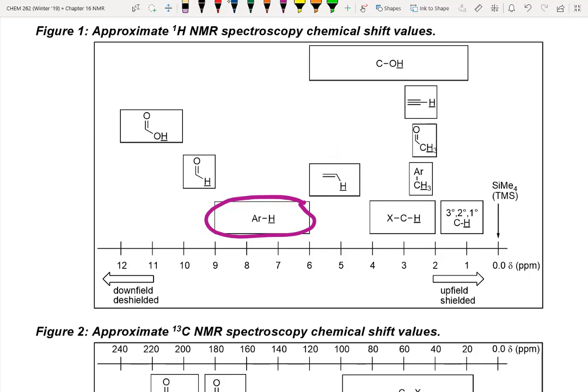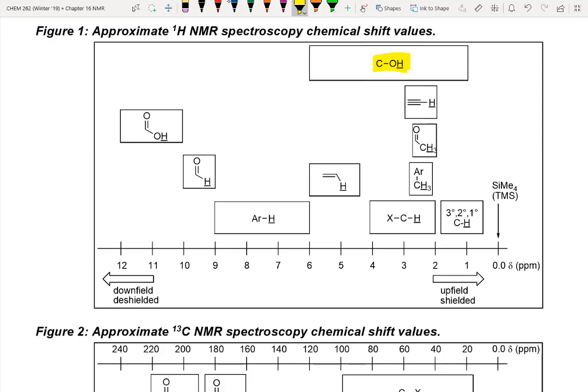And then over here, I'm going to highlight it. We've got alcohols, meaning protons that are attached to alcohols will show up anywhere from 0 all the way up to 5. It really depends on solvents. In addition, if you have protons that can hydrogen bond and you're running your NMR in a solvent that can hydrogen bond, sometimes those peaks will broaden out just like with IR.